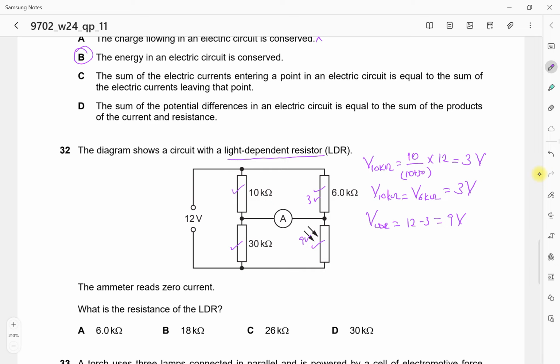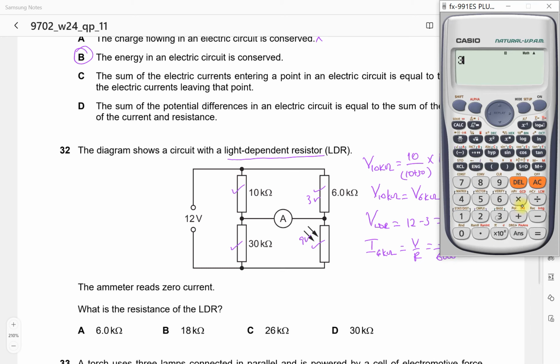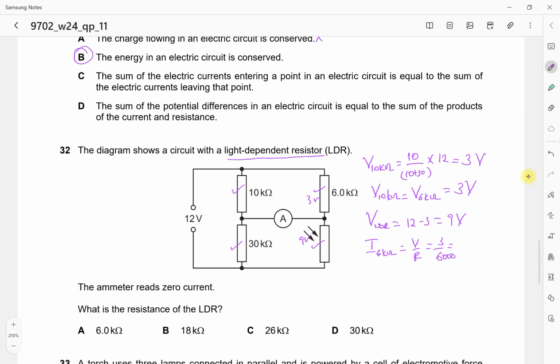I can find the current through the 6 kilo ohm resistor, which is the same current through the LDR. So the current in the 6 kilo ohm resistor is of course V over R, which is going to be 3 divided by 6,000, and I think this is, let me check, 5 times 10 to the power of minus 4.